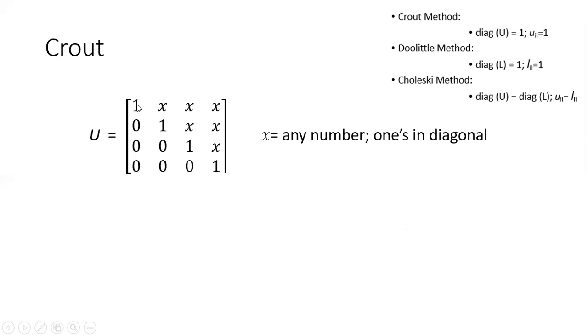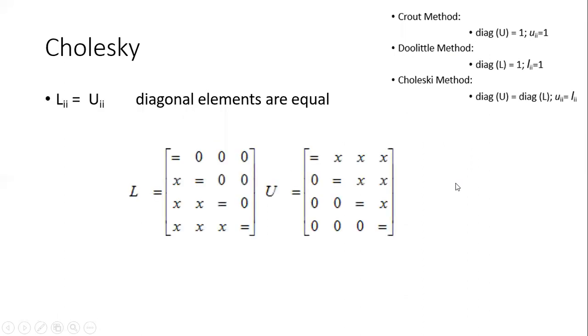These are U11, U22, U33, U44, and again, X here can be any real number. Now for the Cholesky, the diagonal elements are equal. For this case, the entries here are equal to this entry for L and U, and of course, X here can be any real number.